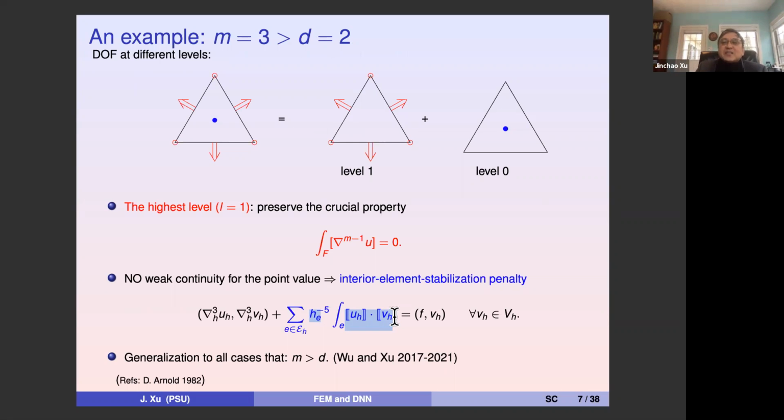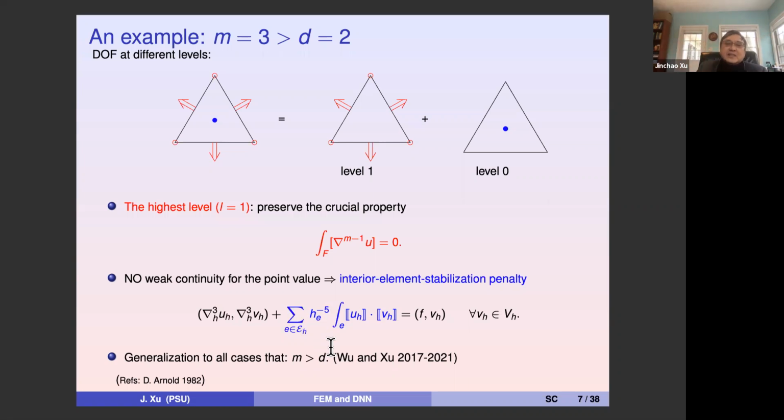Now it turns out you need some stabilization term. I deliberately removed this parameter in front of it. I told you it's parameter free, but it's probably a good idea to put some parameter there to adjust the balance of the two terms. But what I call a DG with minimal possible stabilization.